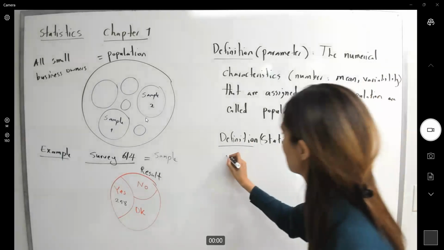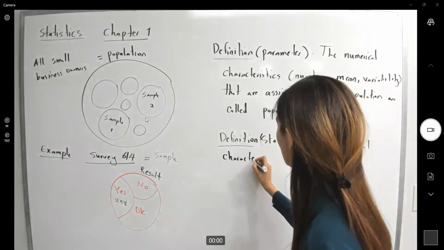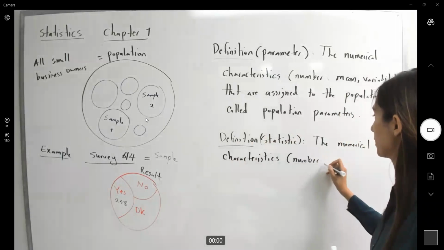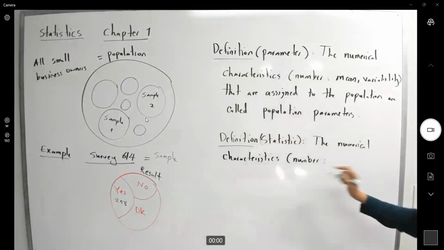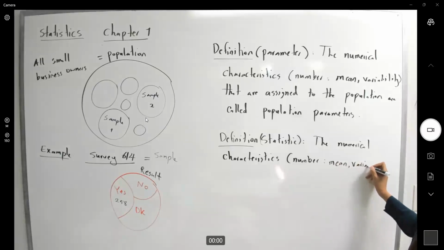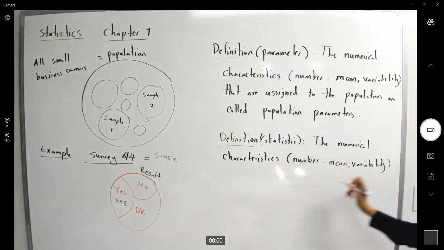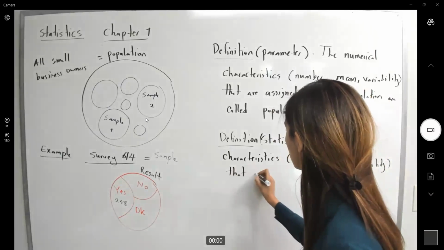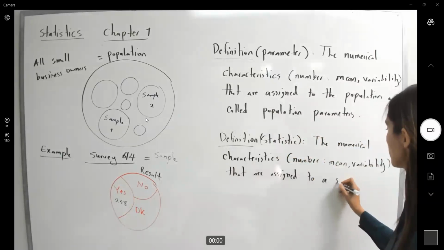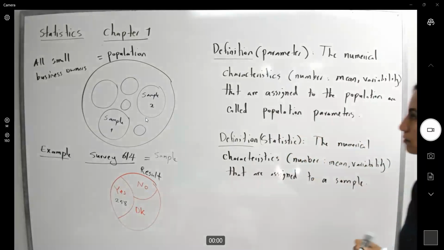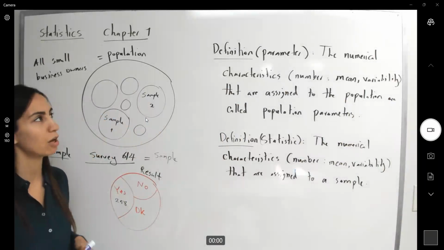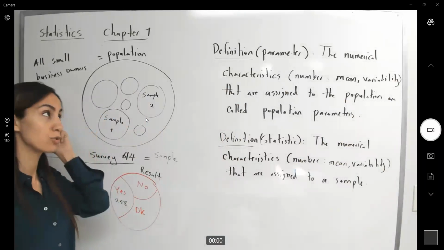The numerical characteristics or numbers, after analysis of the data, like the mean or variability, that are assigned to a sample. So in chapter 1, we mainly talk about terminologies that we're going to eventually use throughout the course.